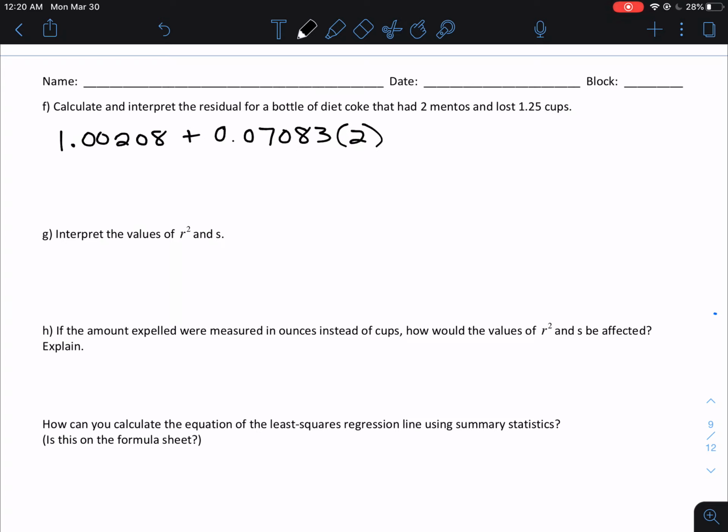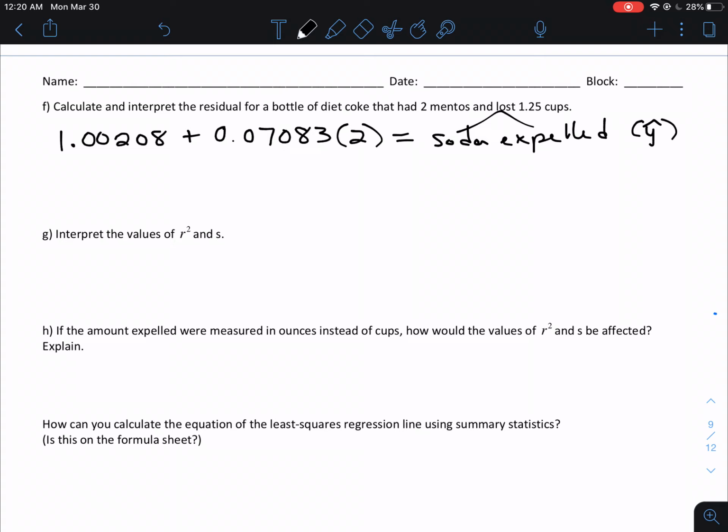This will be our prediction. So this will be our soda that's being expelled hat, which for shorthand is the same as y hat at this point. And let's see what that comes up with.